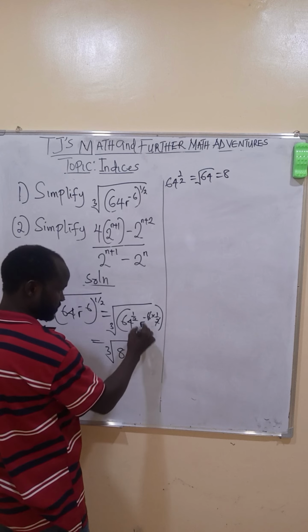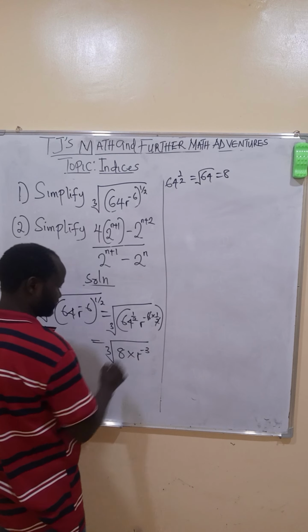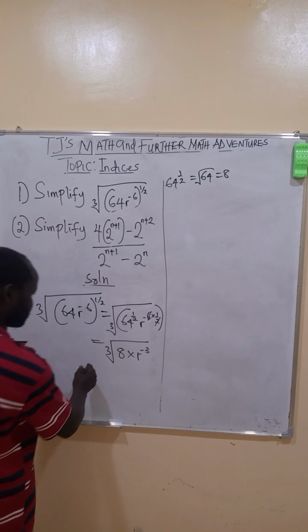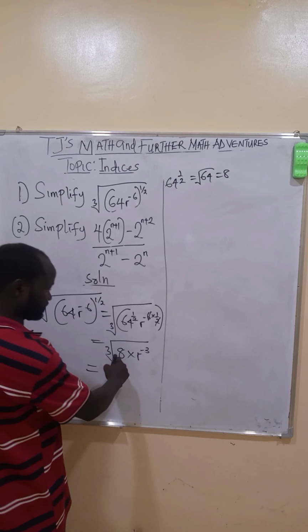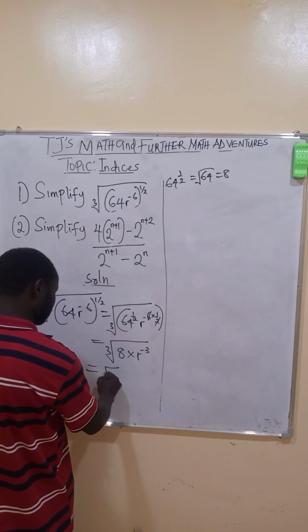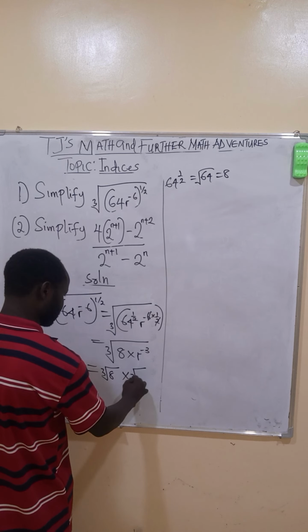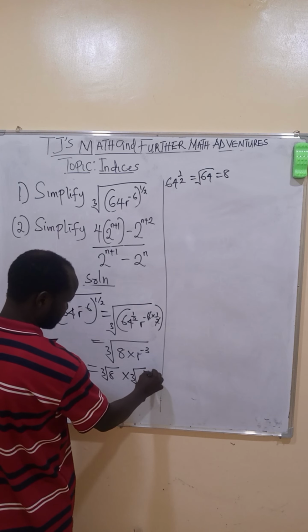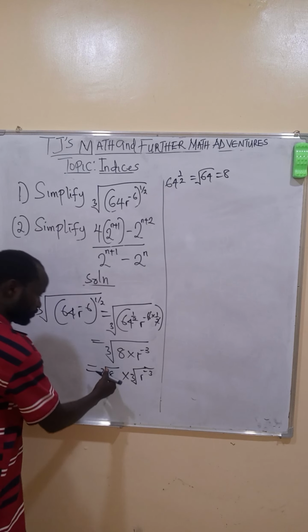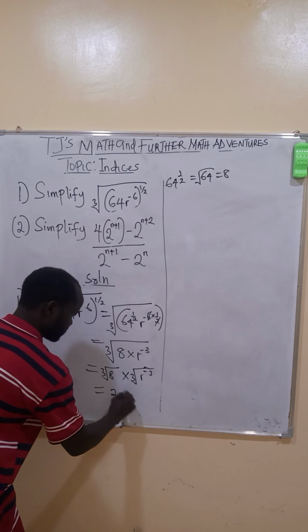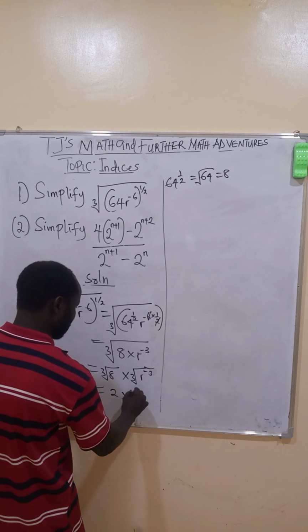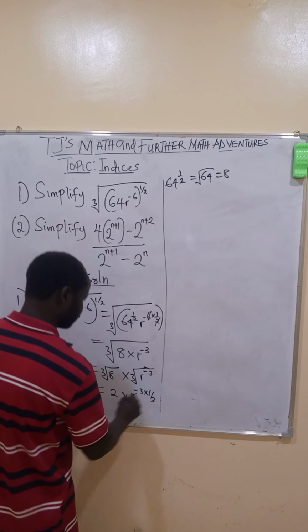That will be minus 3. So the next step now is we can write this as the cube root of 8 times the cube root of r power minus 3. The cube root of 8 is the same as 2 times r power minus 3 times 1 over 3.